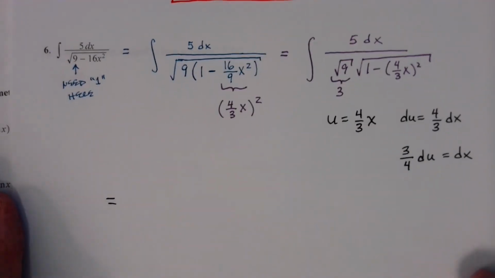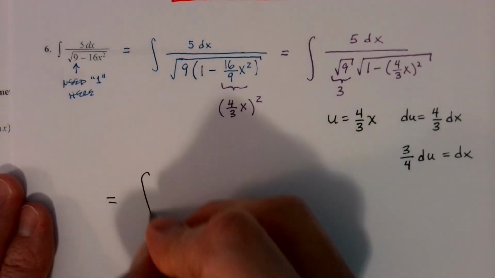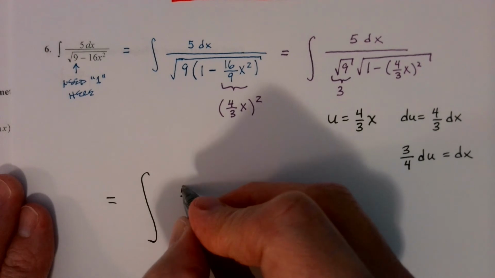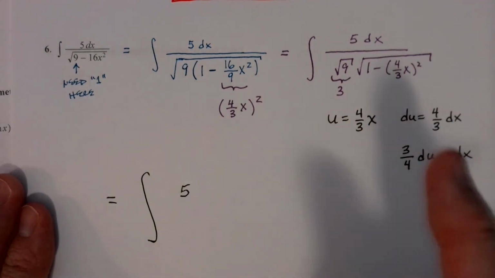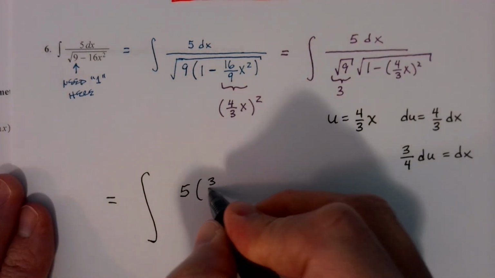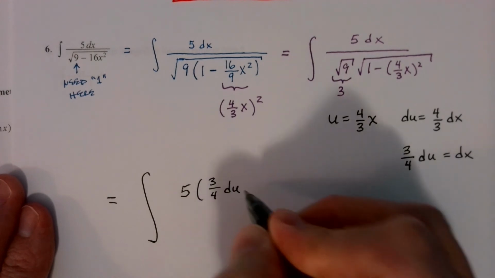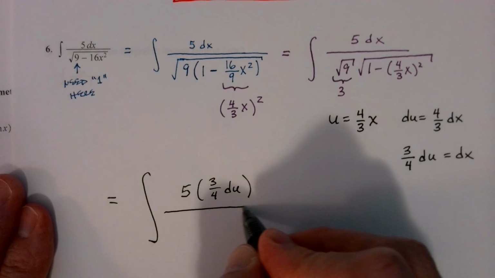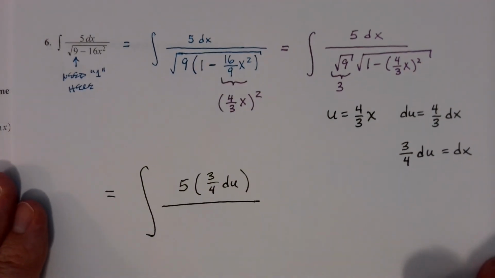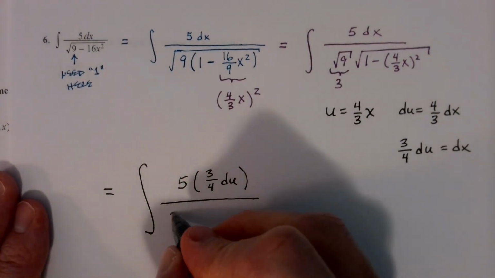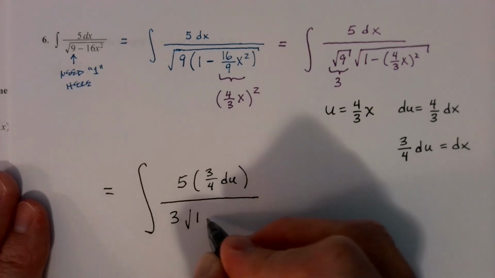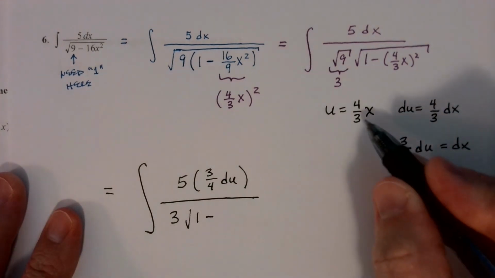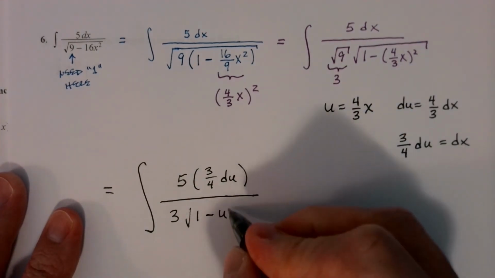And so what does my integral become? What do I have? Up top, I've got the 5 times the dx. What's the dx? That's 3/4 du. And then down below I've got the 3, and I've got the square root of 1 minus u squared.